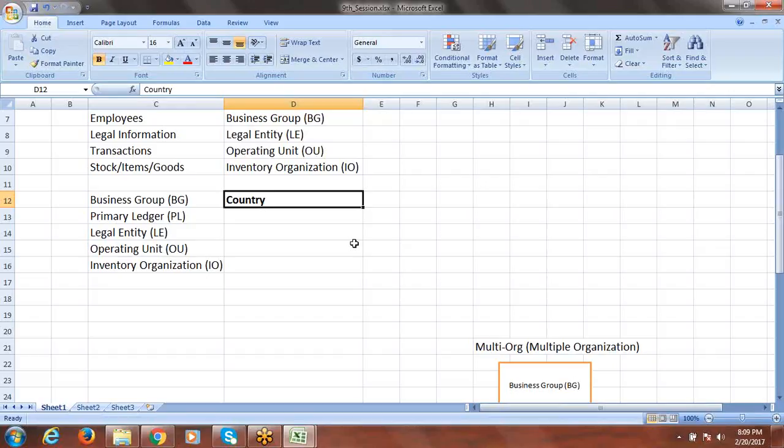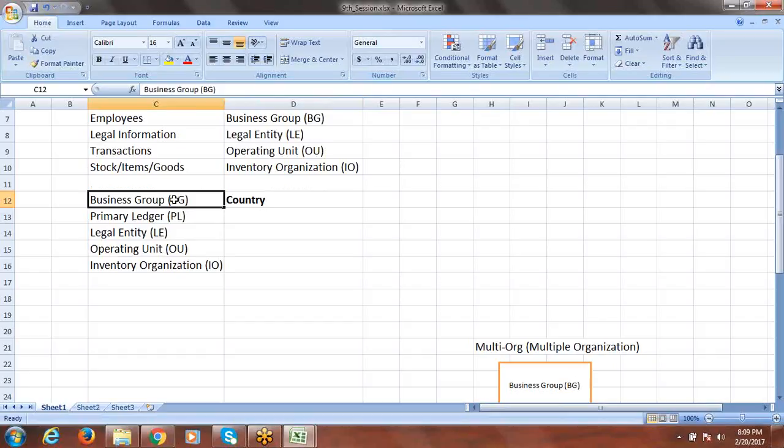How many business groups do we have to create? That depends on how many countries we are doing the implementation for. On what basis do we decide the business group? Country. Why don't we maintain one business group for multiple countries? The challenge here is currency. Country to country, currency is different.